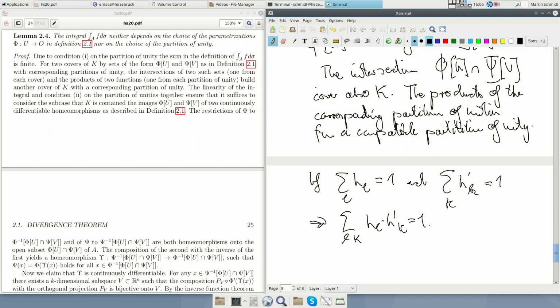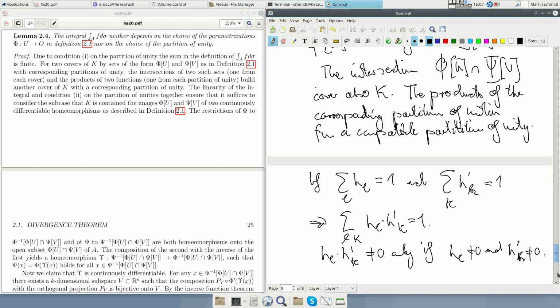And h_L times h'_K is non-zero only if h_L is non-zero and h'_K is non-zero. Both have to be non-zero. So it is zero outside a compact subset of the intersection of these two, so it's really compatible with this.